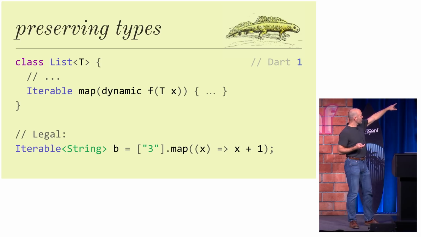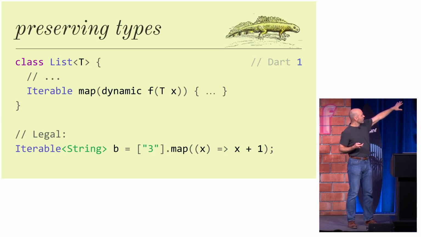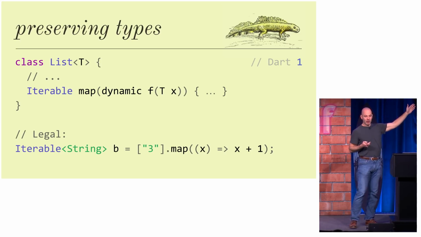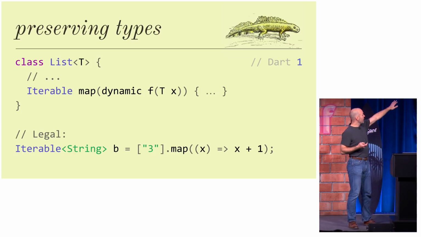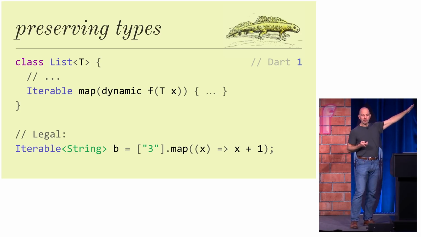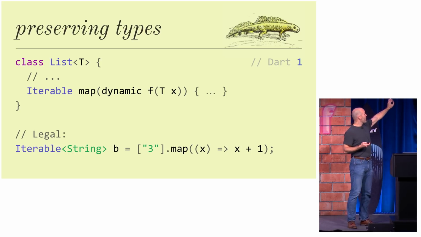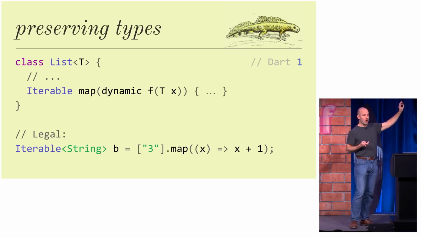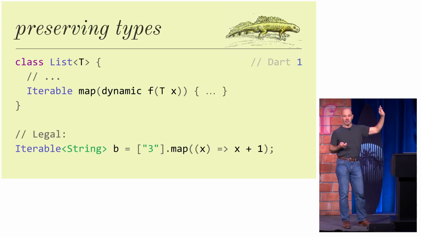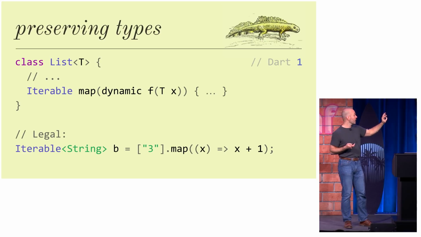The key thing I want you to notice is that the return type of the callback that you're mapping over the elements of this list is marked as dynamic. So there's no information about what the type of things coming out of it are. And the type of the iterable that you get out also has no information about what the type of its elements are. So it's an iterable of dynamic.